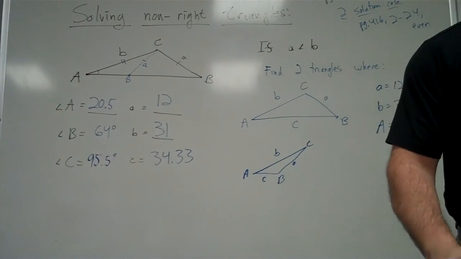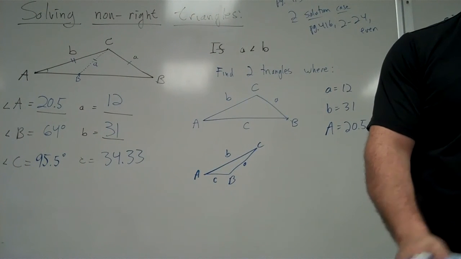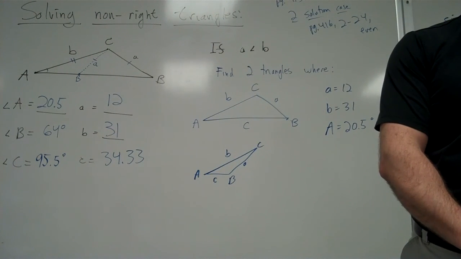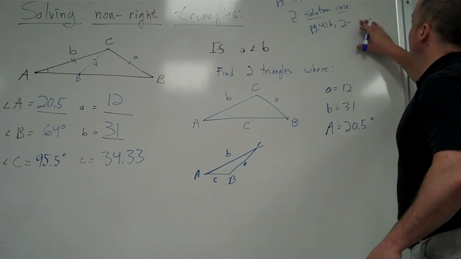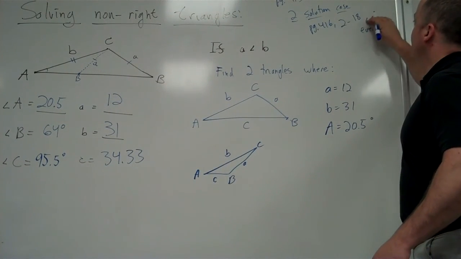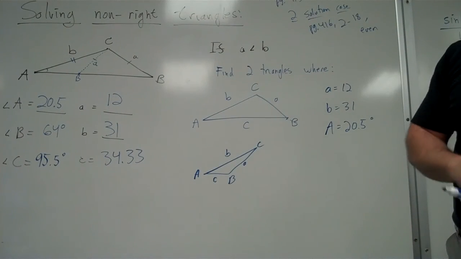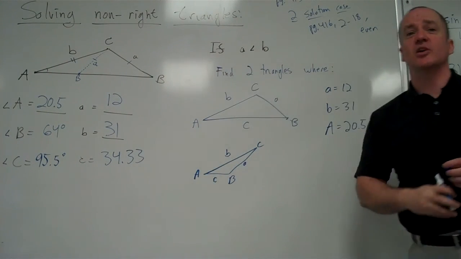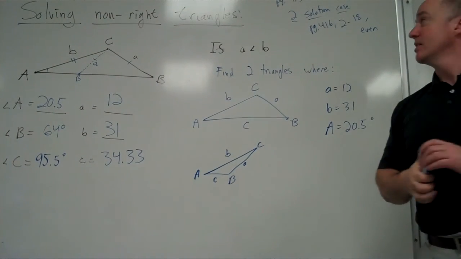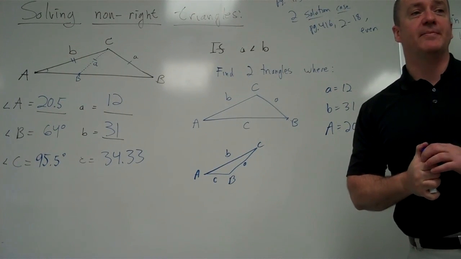Actually, I'm going to change it to through 18 even, because 20, 22, and 24 are all two solution cases, and we didn't finish it, so I'm not going to give you that for homework. Tomorrow I will, though, because we'll finish this one up.